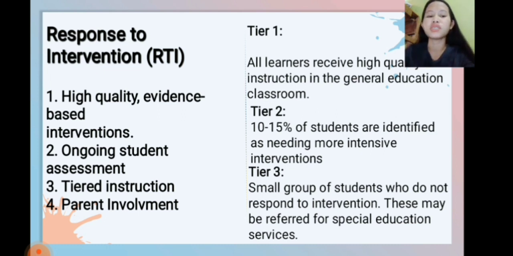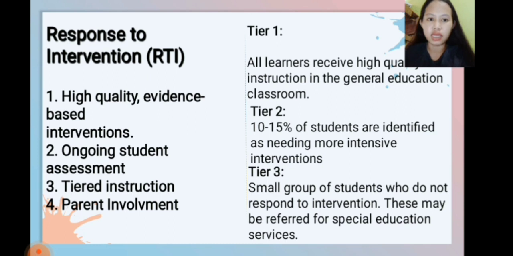For students who receive tier 2 and 3 services, we need to be sure that we are focused on the extra that they need. One of these is the amount of time.